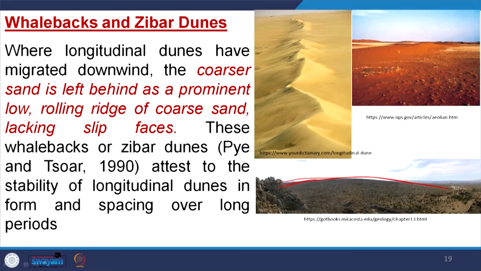Suppose, for example, we allow the sand, or a sand dune, a longitudinal dune, to move in a particular corridor. Once the dune material is moving, relatively finer material will move fast and the coarser material will lag behind, and finally the boulders, the pebbles, the cobbles will lag behind in the system.